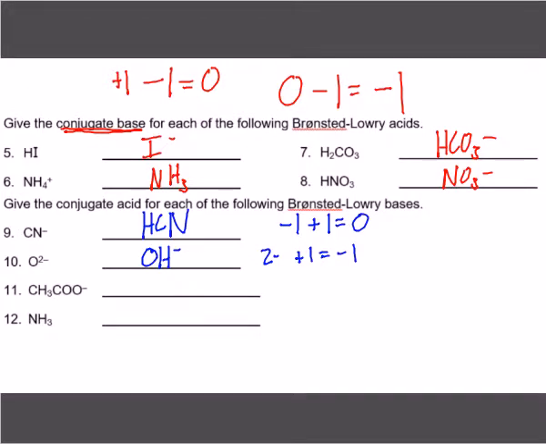Number 11. There's 2 ways you can write this formula. CH4COO is not correct. Why? Because this is a what right here? It's a polyatomic ion, guys. You can't change the formula of a polyatomic ion. So that right there, in those parentheses, stays the same. So you cannot make it CH4COO.